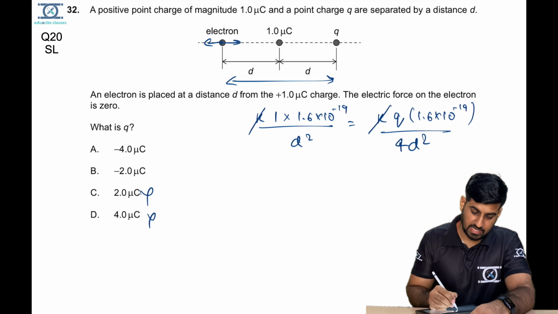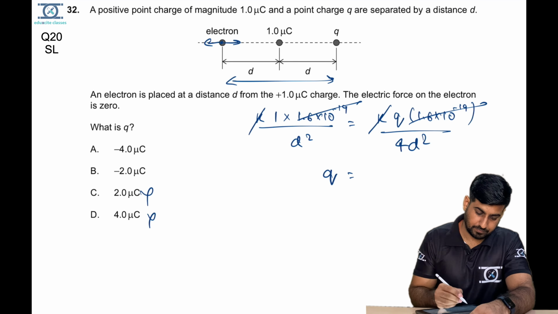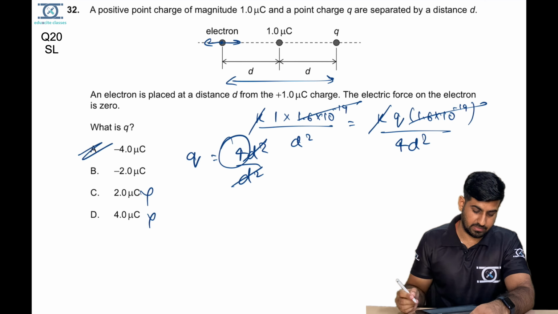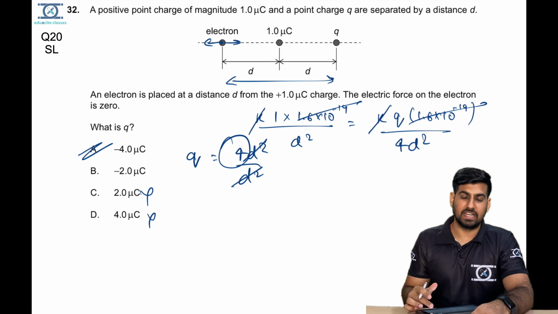So K and K get cancelled, this and this get cancelled. So Q can be written as 4d squared upon d squared. So this will be in microcoulomb, and negative we already considered. So option A is the right answer.